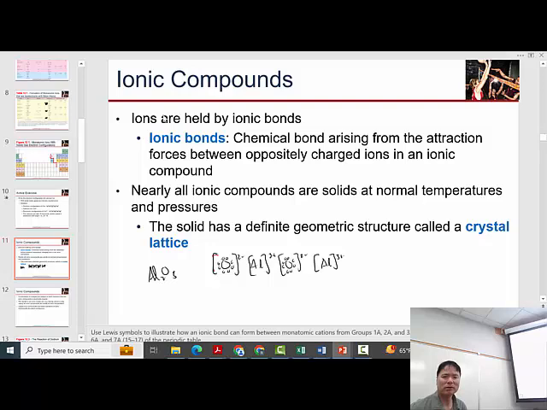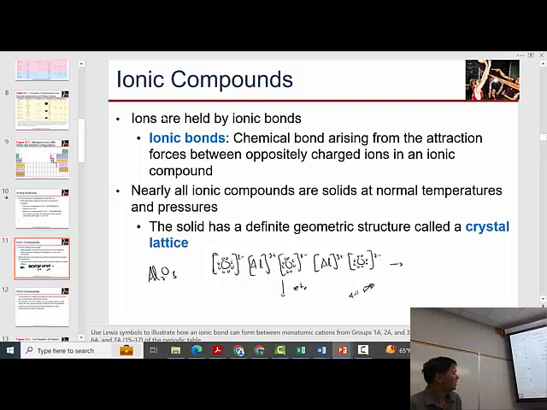Since this is a 3-dimensional lattice, where I draw it, it's just going to continue on, in 2 dimensions plus the third, which would be coming out of the board and going into the board. So I'll just build up a crystal lattice like this.